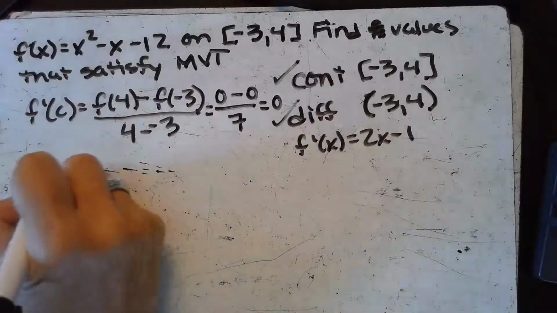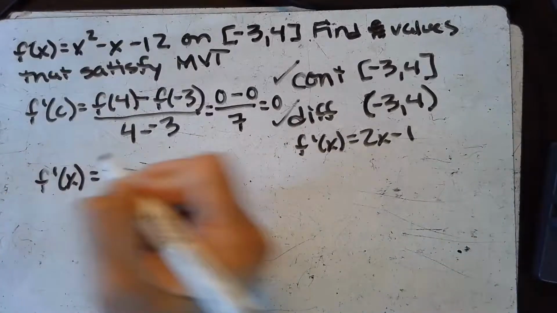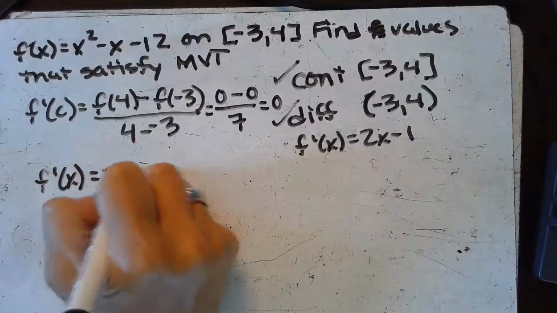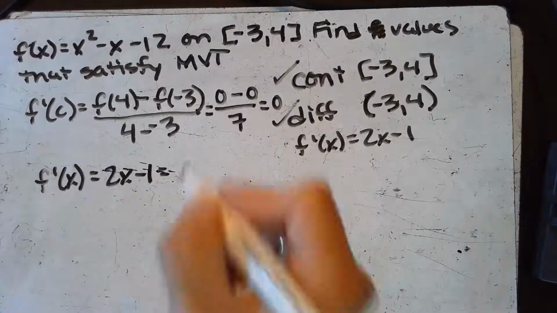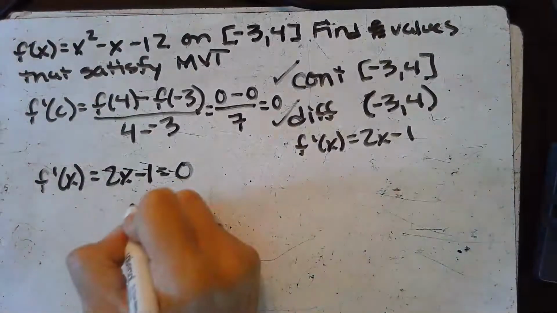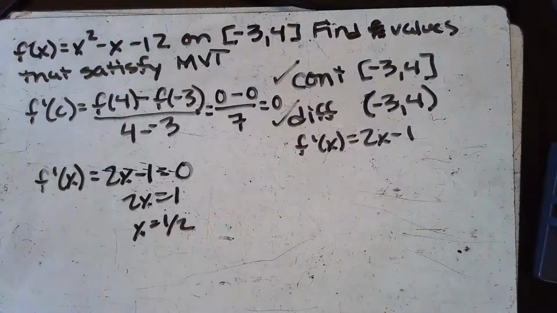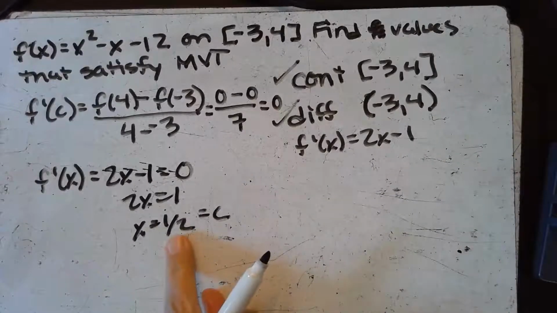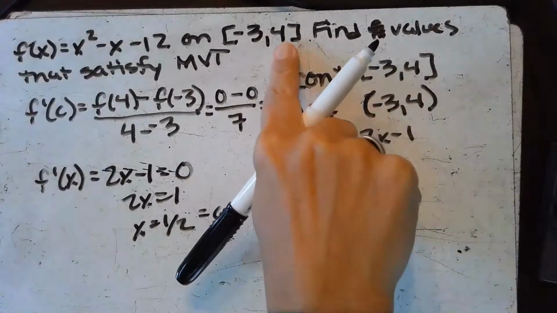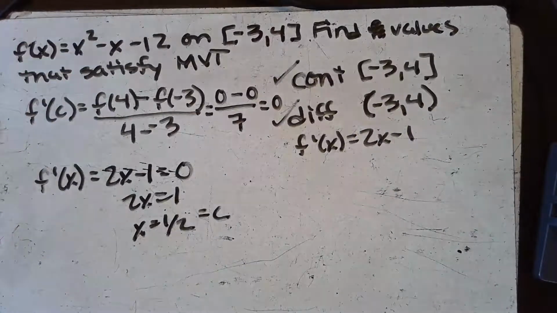All right, so f prime of x, we set the derivative, remember, that's the slope of the tangent line, equal to 0. So 2x equals 1, and we get x equals 1/2. All right, which would be our C value. And double check, is 1/2 on that interval? And it is.